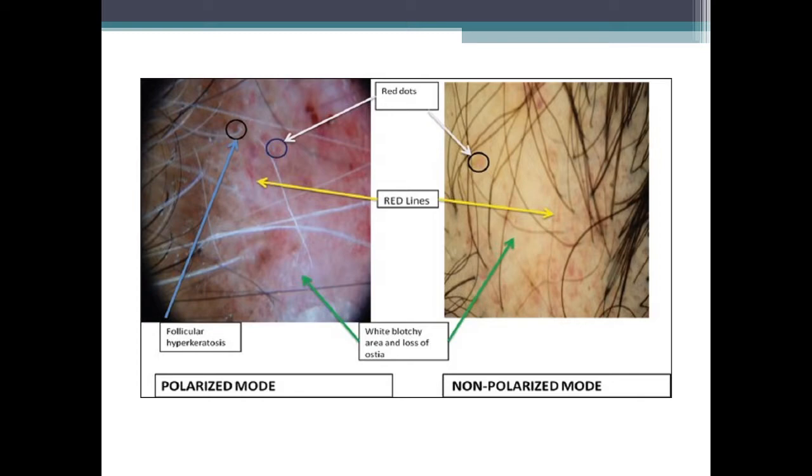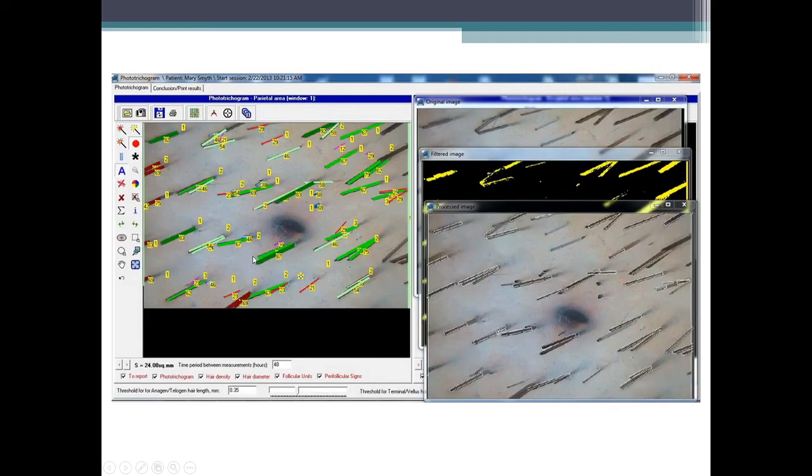This is a really new finding. It's not even 20 years old, when Polish and Italian researchers found out this interesting finding, that there are some specific patterns for some hair diseases.